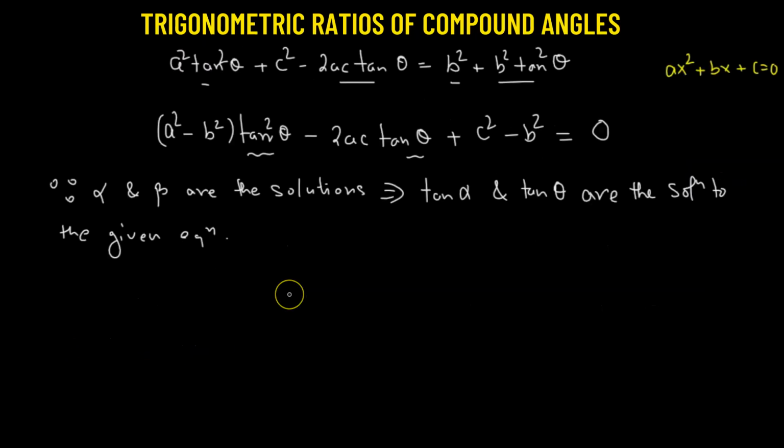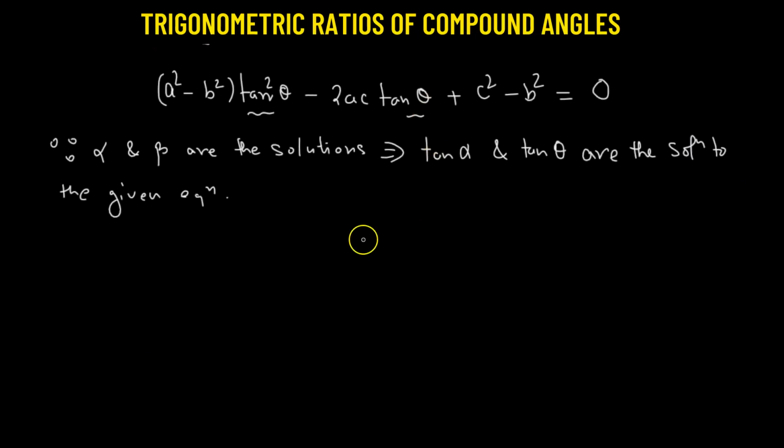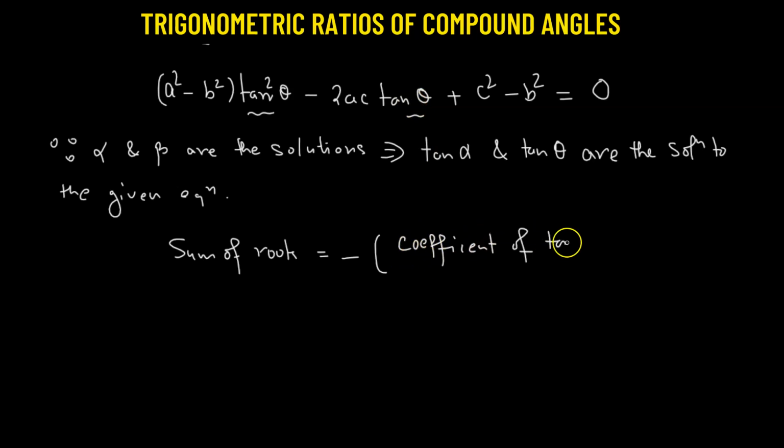So now that we have these solutions, what's the sum of roots? We know that the sum of roots is given by the negative of the coefficient of tangent theta divided by the coefficient of tangent squared theta.